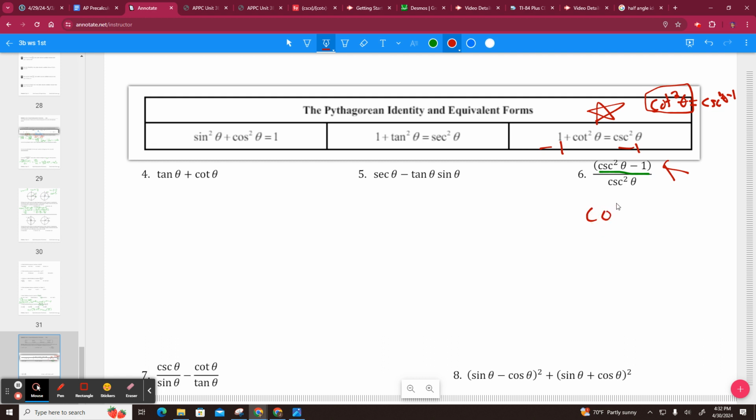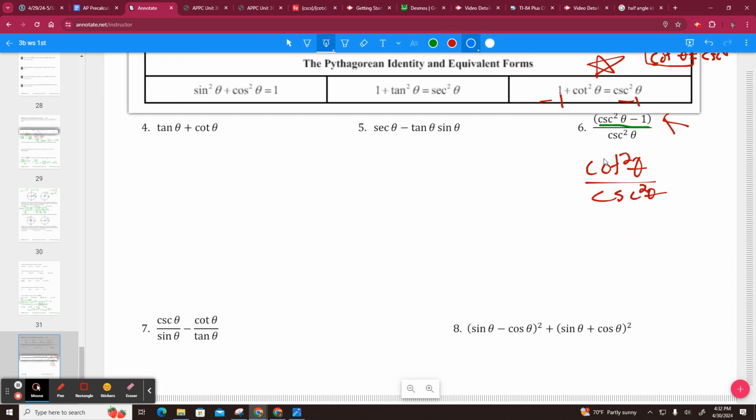So cotangent squared theta over cosecant squared theta. And now I can write these in terms of sine and cosine. So cotangent is cosine squared theta over sine squared theta over 1 over sine squared theta.